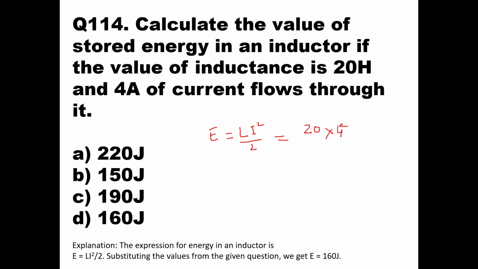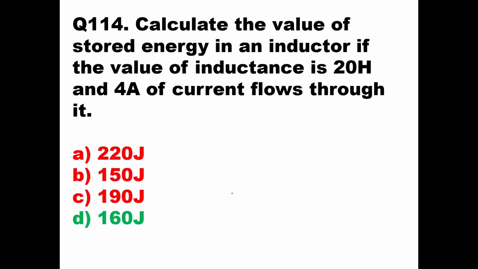So it is 4 square upon 2. So this is nothing but 20 into 16 upon 2, which is 320 upon 2. This is nothing but 160 joules. So energy stored is equal to 160 joules. So option D will be the right answer over here, 160 joules.